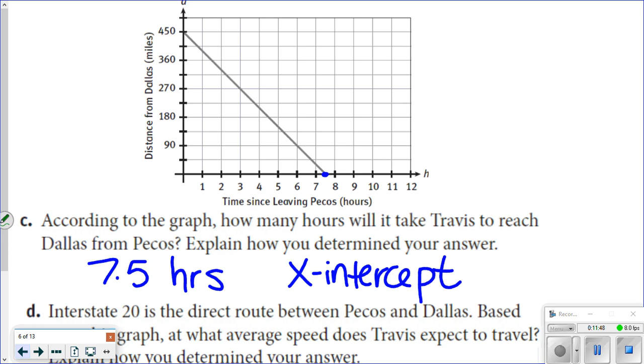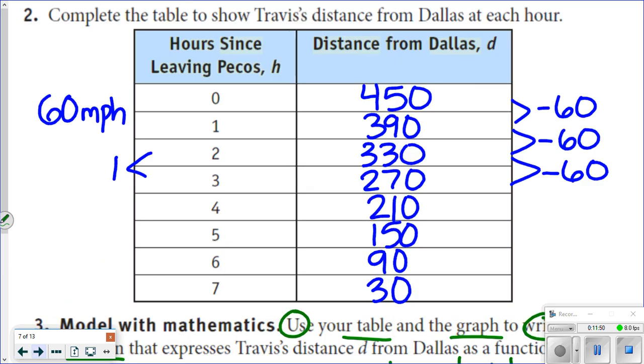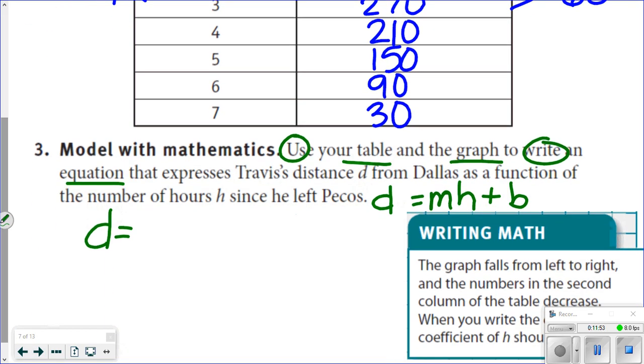So our slope needs to be negative 60 because our distance is decreasing. We don't talk about the speed limit being negative, but because our distance from Dallas is decreasing, our slope has to be negative here. Plus, what's our starting distance, our starting number of miles? It's 450.